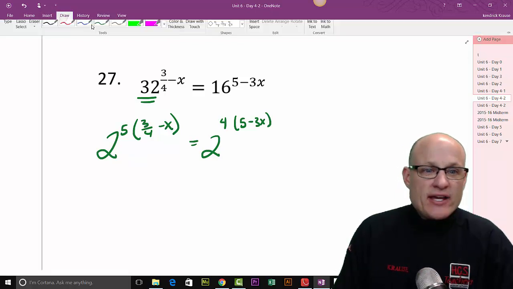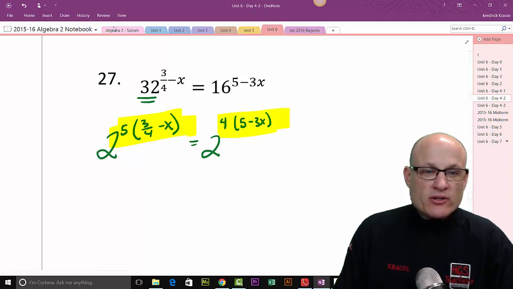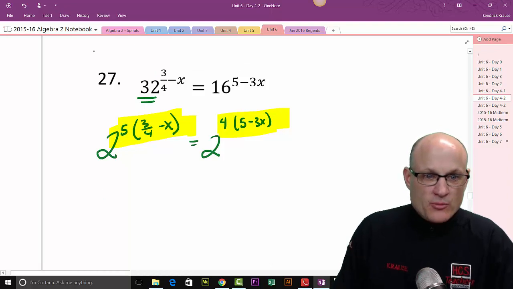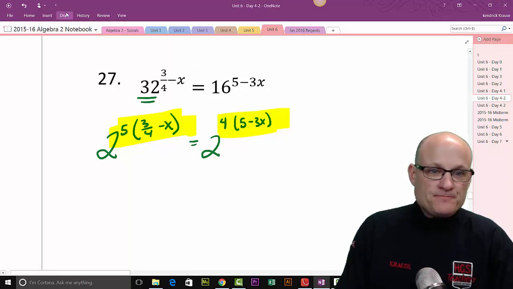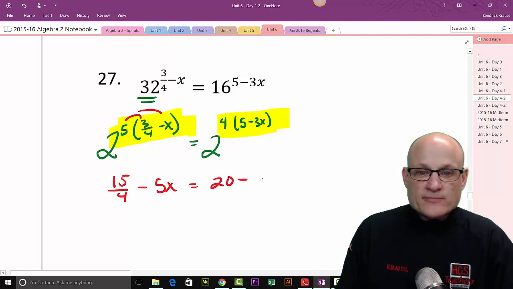So now that I've got them the same, what I'm going to do is set their exponents equal to each other. As long as those two yellow things right there are equal to each other, we're good to go. So I'm going to distribute this. So I get 15 over 4 minus 5x equals 20 minus 12x.